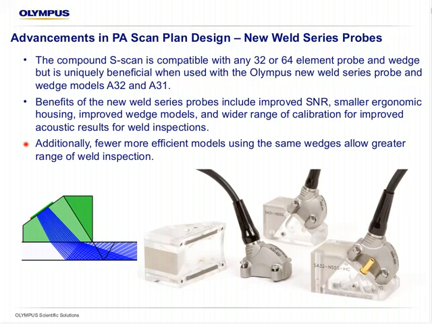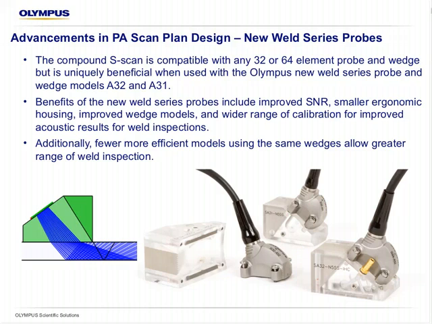And the three probes that make up the new weld series probes, which would be the most common ones for a service company in their toolbox, would be a small 5L32 A31 housing. This has the same configuration as the A11 or PWZ3 probe in that it's 32 elements, in this case a 0.6 millimeter pitch, in different frequencies.